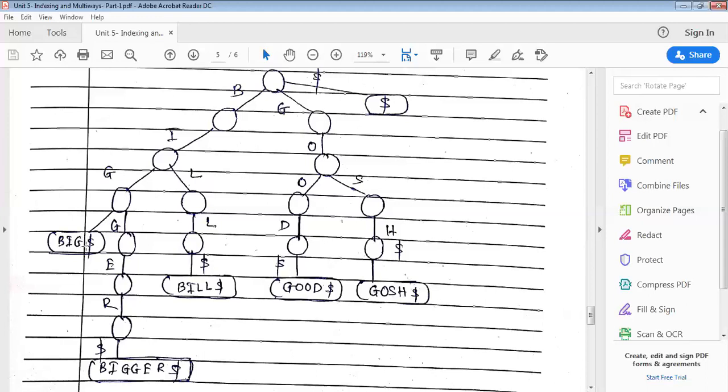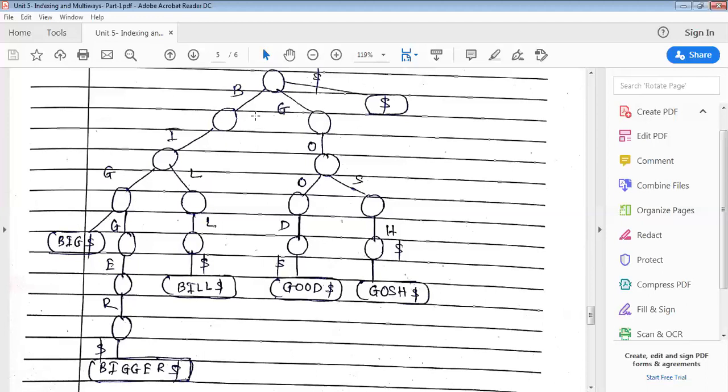So it starts from B, then I, then G, meaning we continue the word big. Then the end of that word is shown with the dollar symbol, which is the end of big.